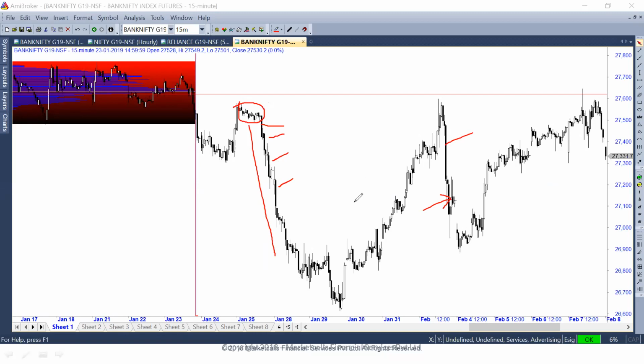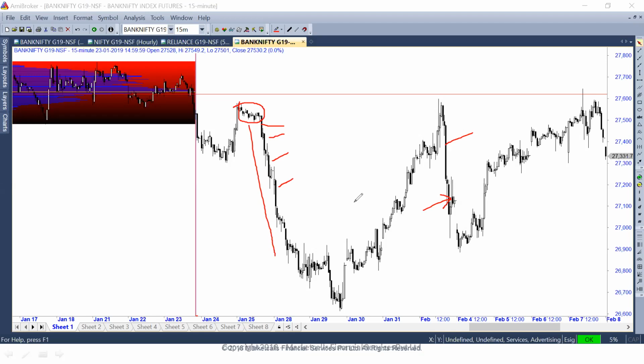Not before the event. Before the event, you'll see a very calm environment. Once the event is about to start, let's say the RBI event is about to start in 15 minutes or another half an hour or so, that is the time volatility kicks in. You'll see high volatility on the upper side or on the lower side.